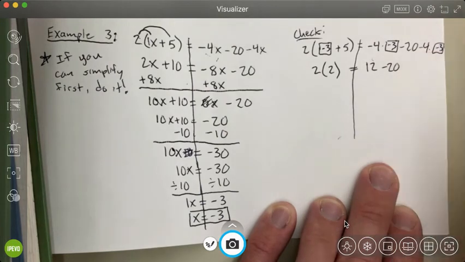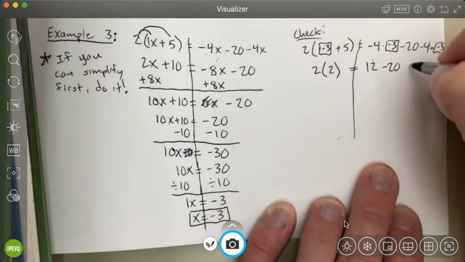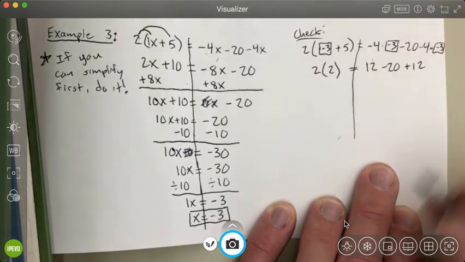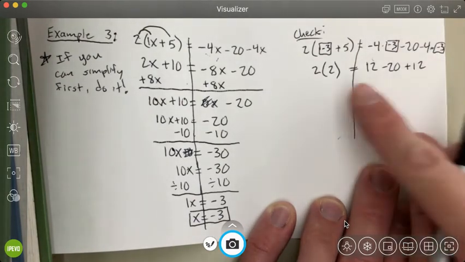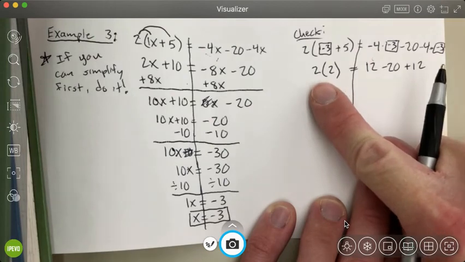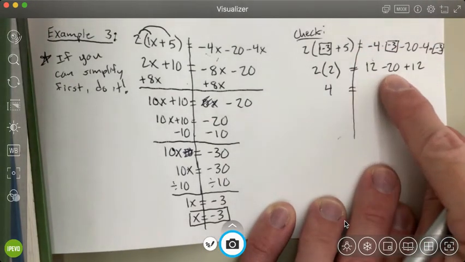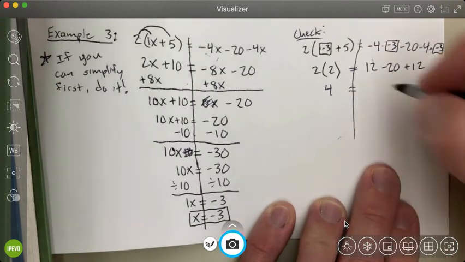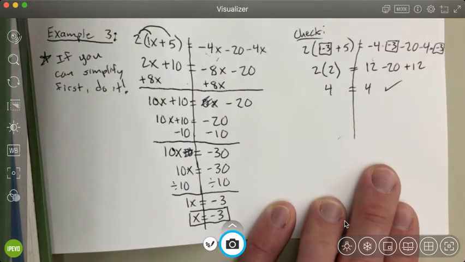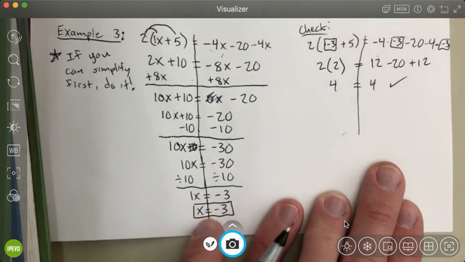Negative 4 times negative 3 will be positive 12 again. All right, so this is going to be positive 4. 12 minus 20 is negative 8, plus 12 is also positive 4. So we're good to go. So that's my final answer right there.